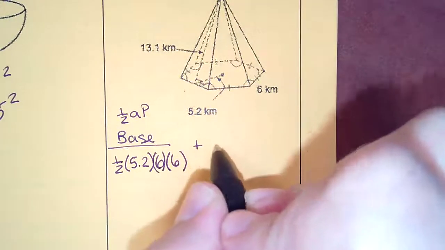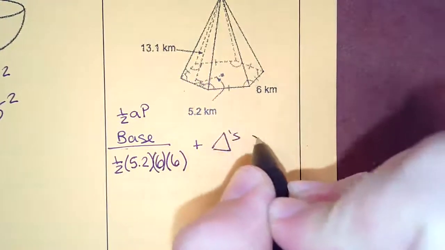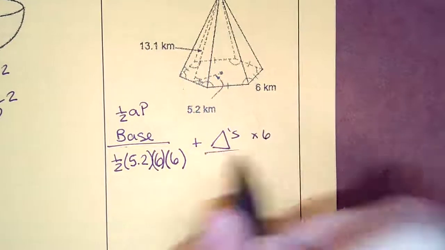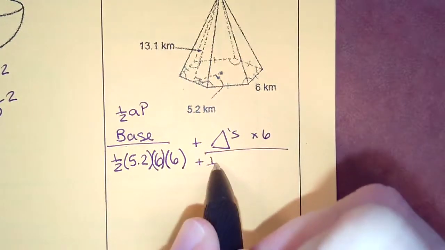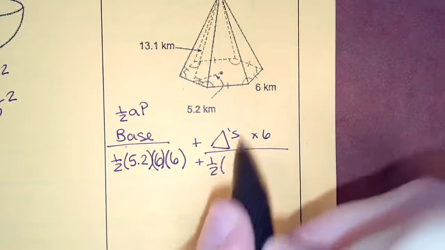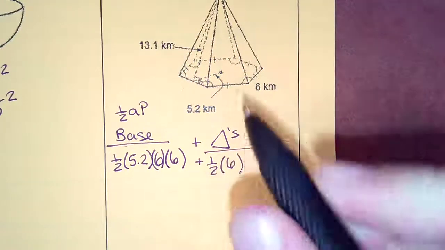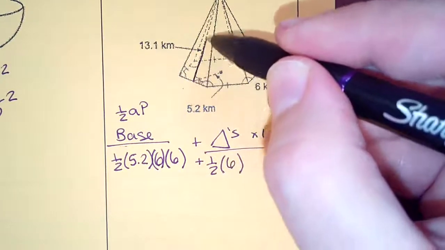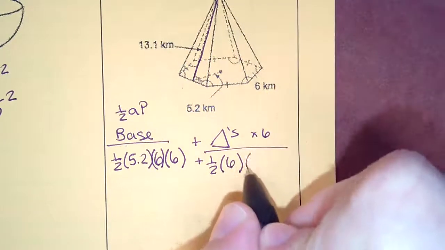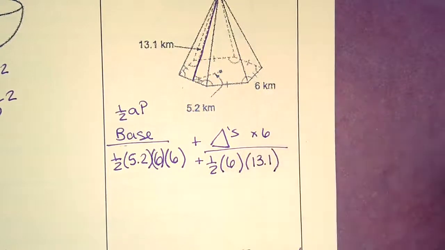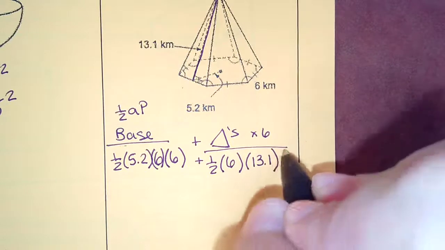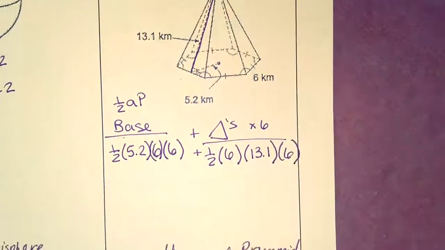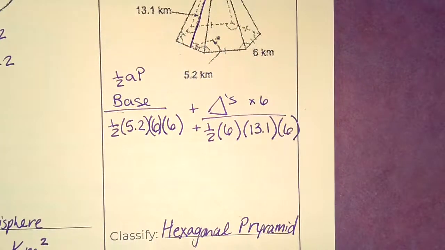Plus the triangles, there's 6 of those. So the triangles are 1/2 base, which is 6, slant height, which I'm giving you here, 13.1, and there are 6 of those, so times 6 at the end. We're just simplifying in our calculator here.